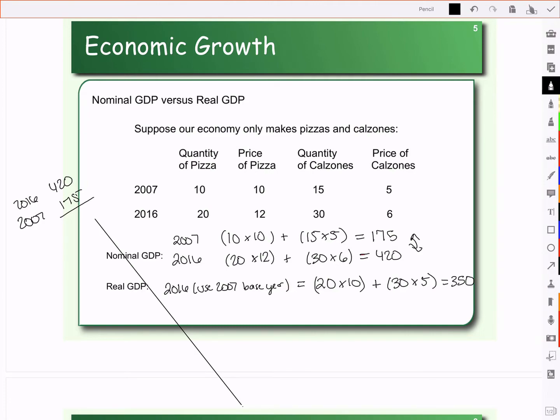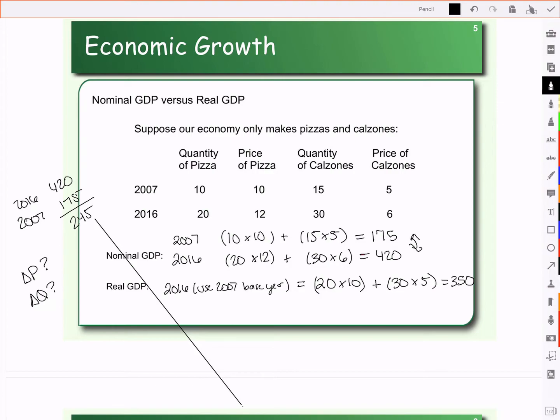So we can figure out the difference between those. 420 minus 175 is 245.